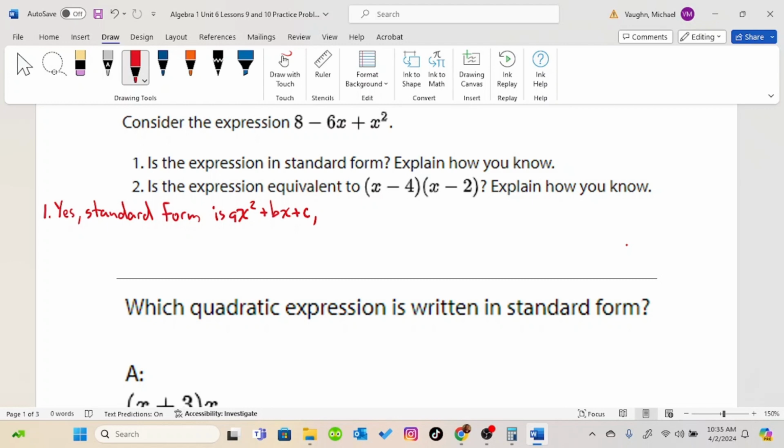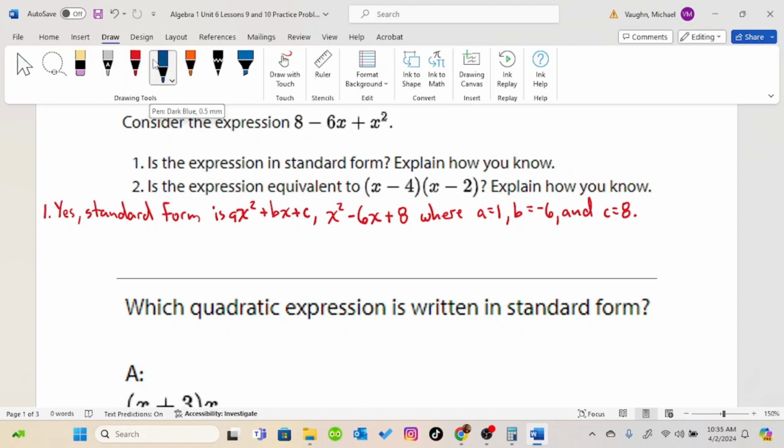I can rewrite this expression as x squared minus 6x plus 8, where a equals 1, b equals negative 6, and c equals 8.